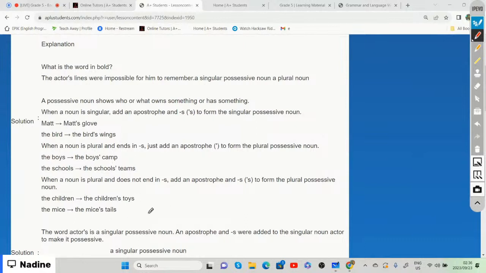So the children, it is plural, but it does not end in an S, which means that we will have to put the apostrophe and S. So if we want to say the children's toys, we put the apostrophe S for the children's toys.